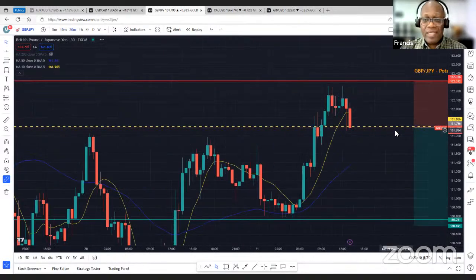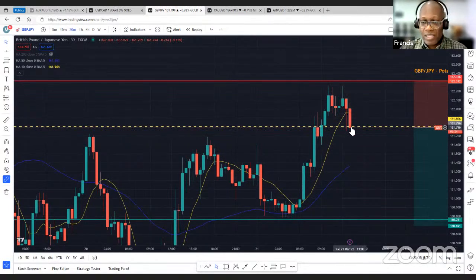Now, if we go to the 30-minute, what you should do really is count these two candles as one. By the time this closes, you count these two. This has basically come back down to fill the wick of the previous candle. Just count it as one, and then you could say, okay, that is an engulfing candle.